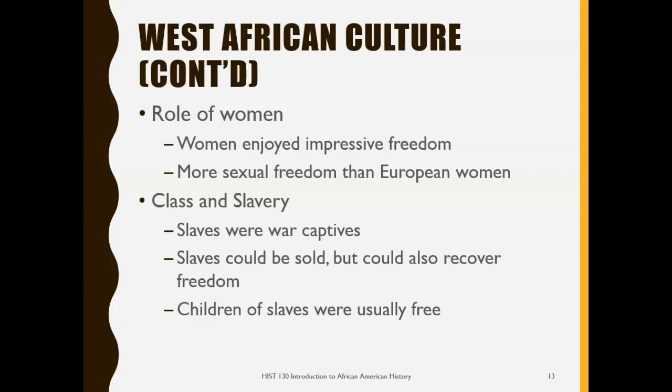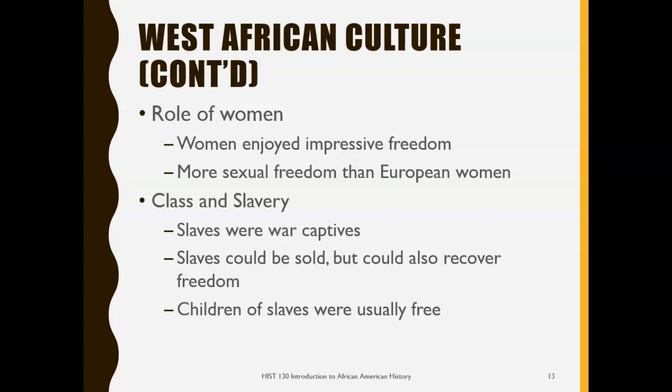Concerning West African society in general, women play a very important role in the family and the village in Africa. Women enjoy some freedom. According to many studies, they even have more sexual freedom than European women.